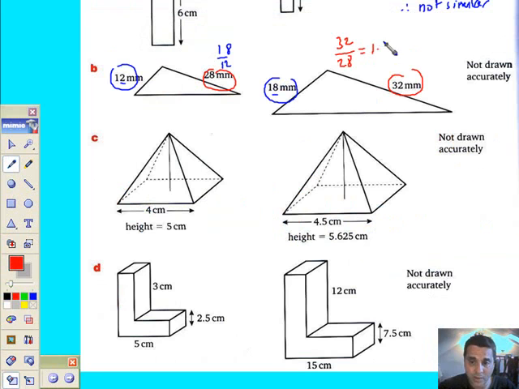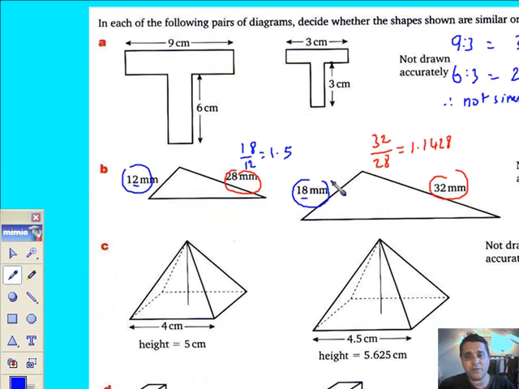That's 1.1428. That's terrible. And this one's going to be 18 divided by 12, 1.5. Didn't think it was going to work. So essentially, judging by the 12 to 18, that will be an enlargement of times 1.5. If I look at the red lengths, the larger lengths, 28 up to 32, that's an enlargement of 1.1428. Therefore, they're not the same, not similar.